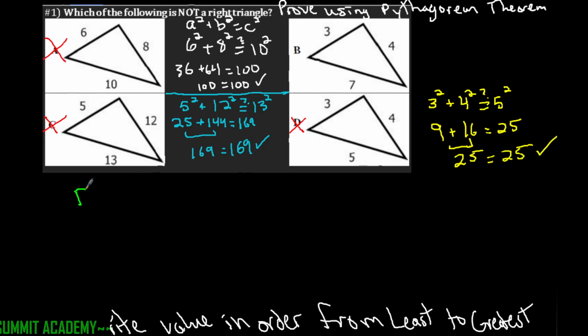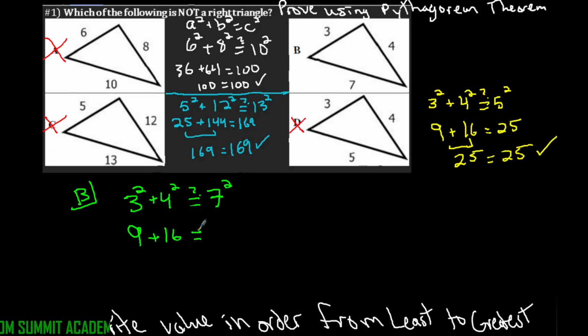So let's do that option B. Let's say 3 squared plus 4 squared, is that equal to 7 squared? And so what we can do is say, well, I have 9 plus 16, is that equal to 49? We're going to say no because 25 is not equal to 49.